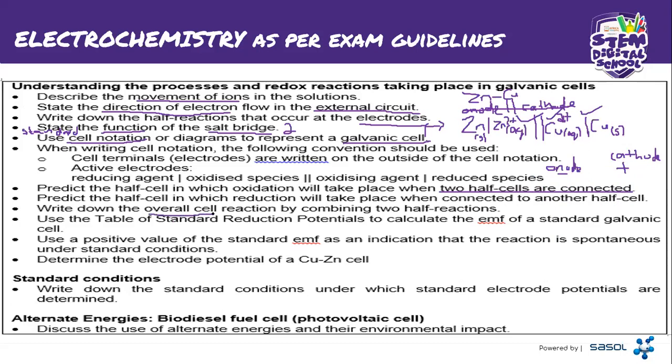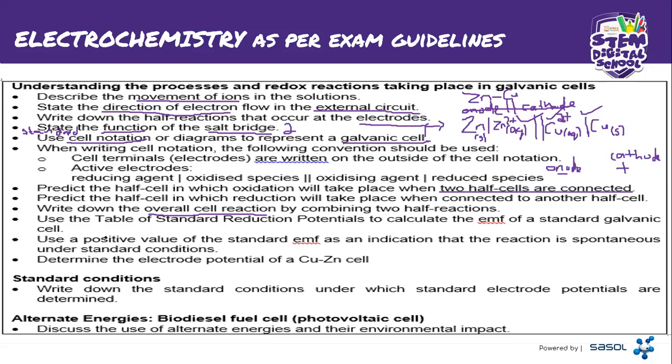We must be able to write down the overall cell reaction. Basically, we can also call it the net cell reaction, or the net ionic reaction, or the overall ionic reaction. It just depends on the examiner. But normally, we talk about the overall cell reaction or the net cell reaction.